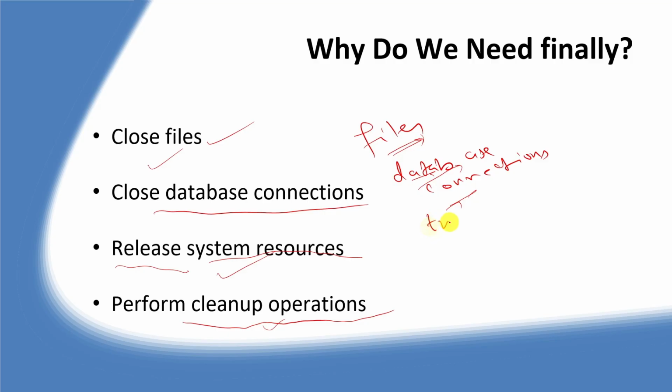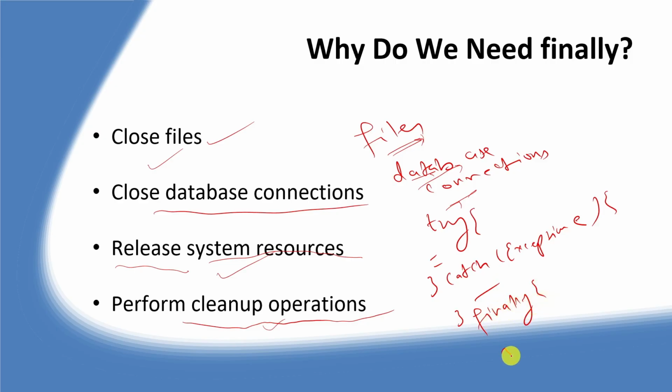What is the syntax? A try block, and inside try we will have some risky code, and inside the catch block we will have exception handling, where we handle the exception, and after that the finally block. The finally block will do the cleanup code. The execution flow is try, then catch, then finally.